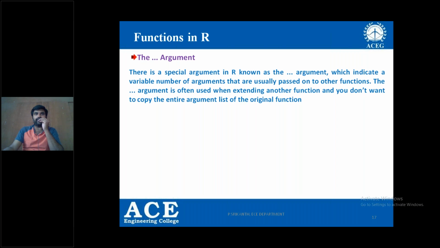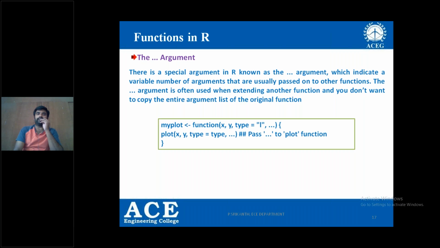While defining the function, you can use just dot dot dot like this. Plot is the function here. The plot arguments are x, y, type, x label, y label, title. These are all the arguments to plot, and I'm just using dot dot dot. And I want to change the type, that is dots to line.